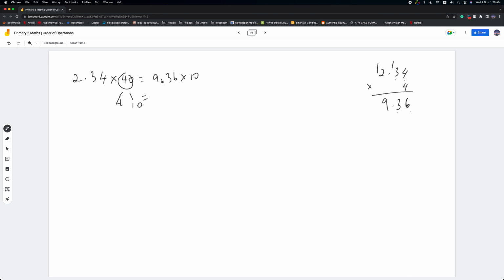Doesn't matter. Again, if you're confused, which way do I shift, right or left? This is a multiplication. If I shift this way, it becomes a smaller number. So I have to shift the other way. So I get 93.6.